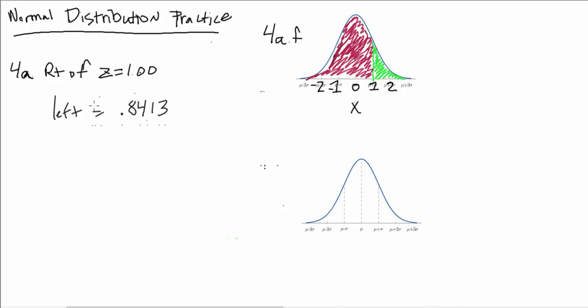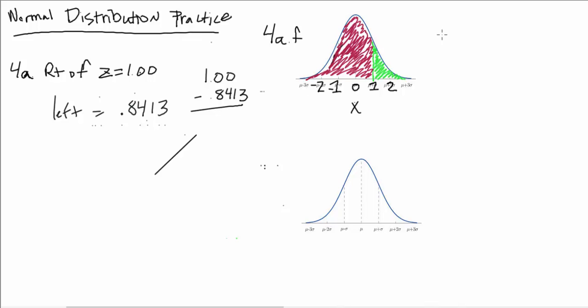To do that, we just have to do some subtracting. We know the total area under the curve is 1.00, and we know the area to the left is 0.8413. If we subtract that, we will get the area to the right.